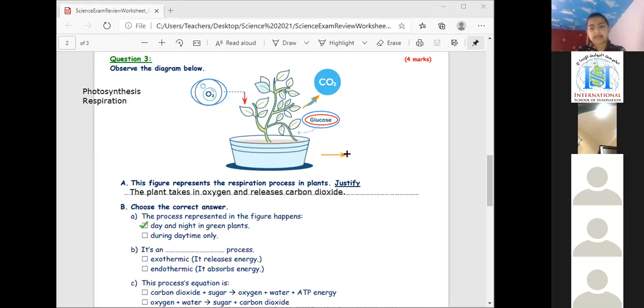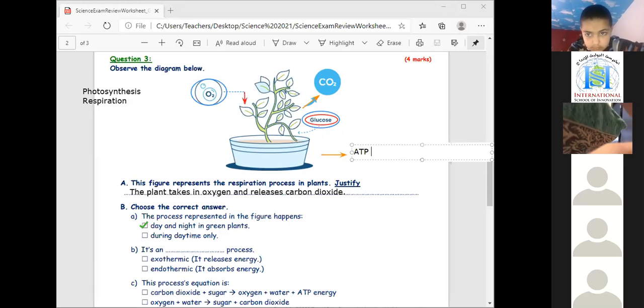Excellent. And they release water and carbon dioxide. The important thing is that the plant makes the ATP energy needed to do everything by respiration. So plants go through respiration to make ATP energy. Is respiration a process that releases energy or takes energy?